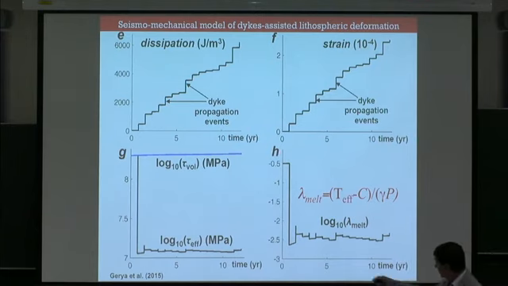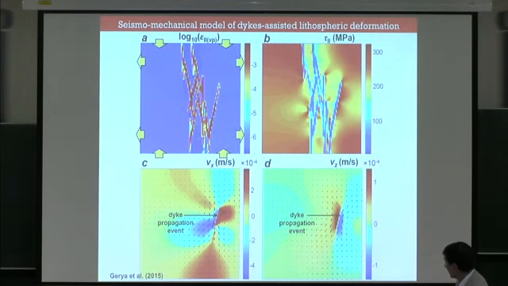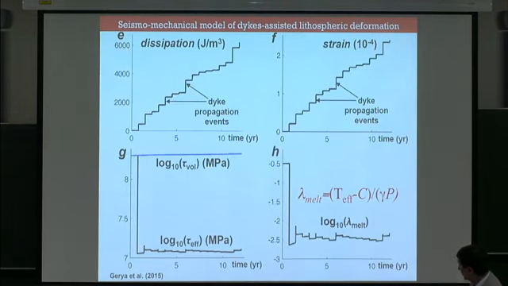So it means that the lithosphere can have a high stress level, 100 megapascal, but at the same time, because of this ongoing process of magmatism, which is short-lived and very local in space and time, we can still have a lithosphere property which is extremely weak.